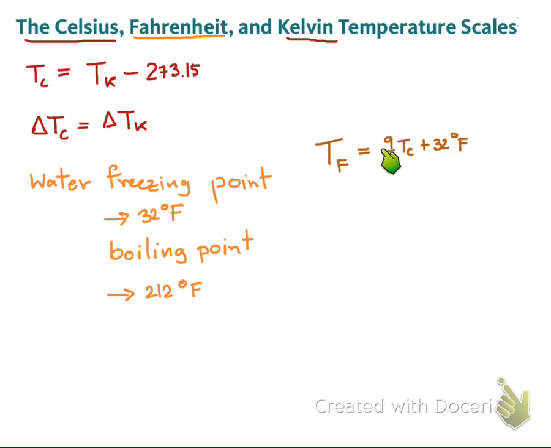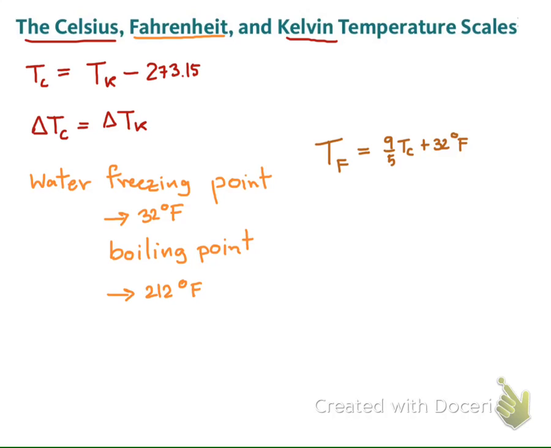And this 9/5 is the change of the scale of the temperature, because as we have discussed, the scales of the temperature in the Celsius scale and the Fahrenheit scale are different.